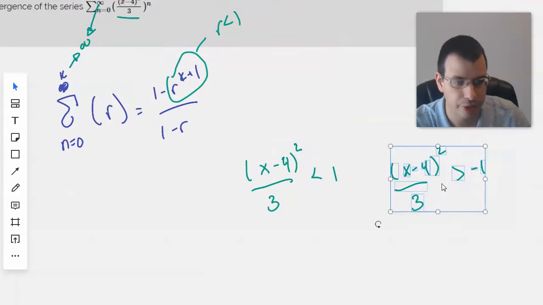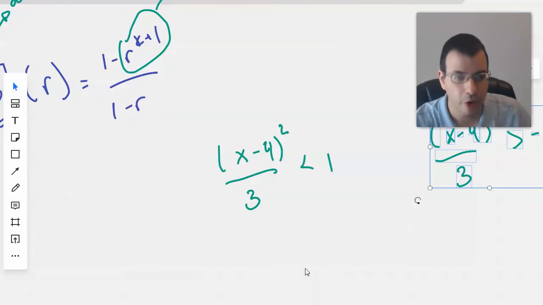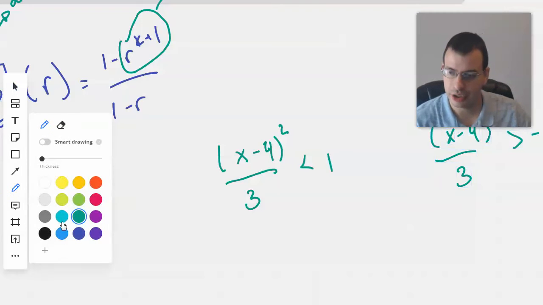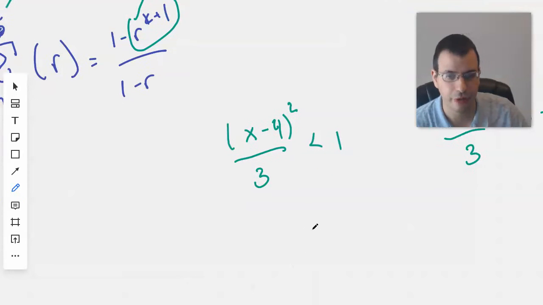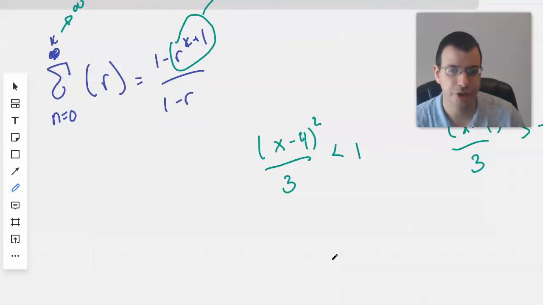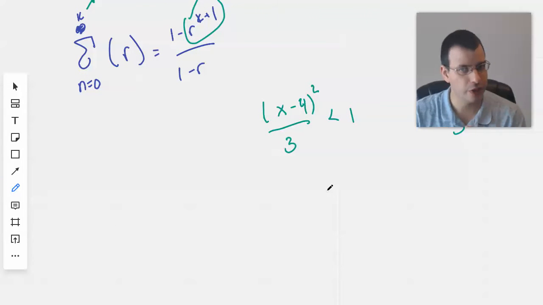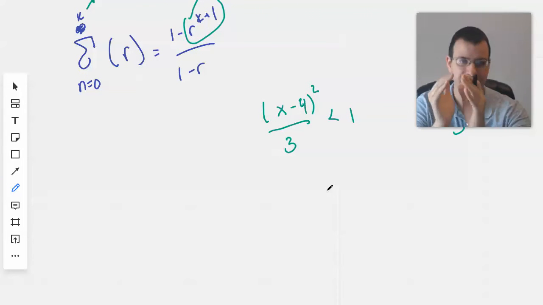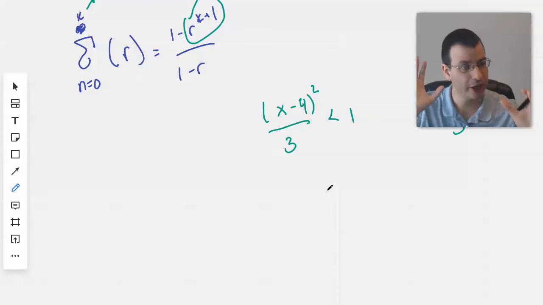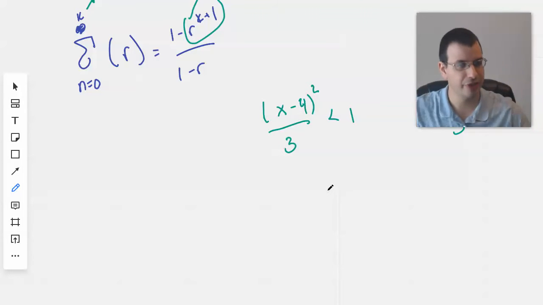First, we're going to solve this inequality right here. I don't focus as much on the radius of convergence as I do on the interval of convergence. So I find what x has to be between, then find the distance between the two and divide by half. That gives us my radius.